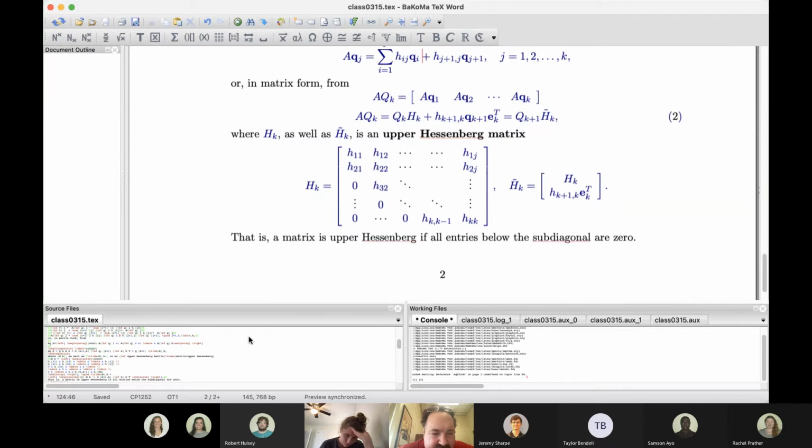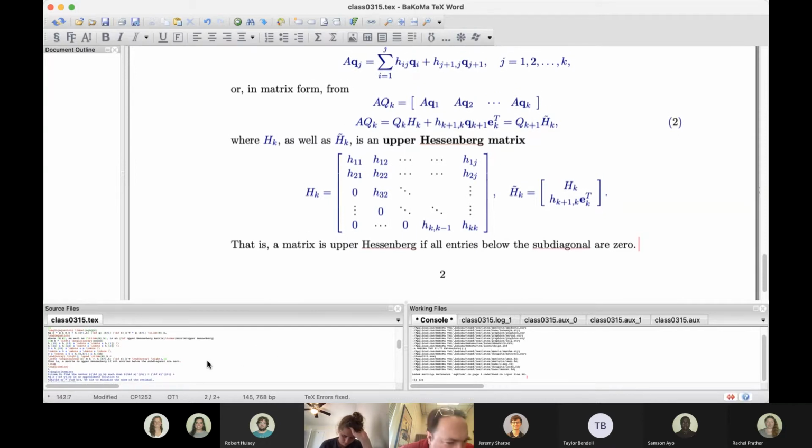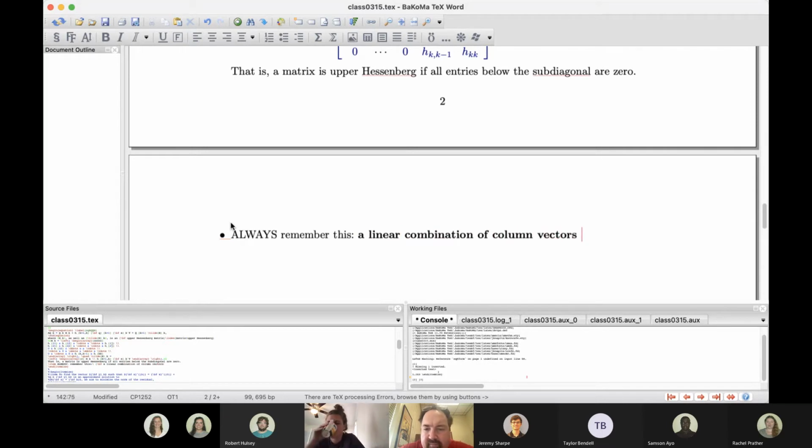So I'll write this down, something to remember: anytime you have a linear combination of column vectors, that is a matrix vector product.